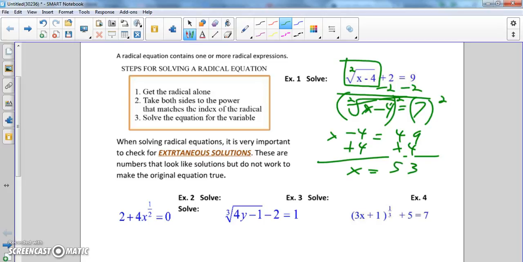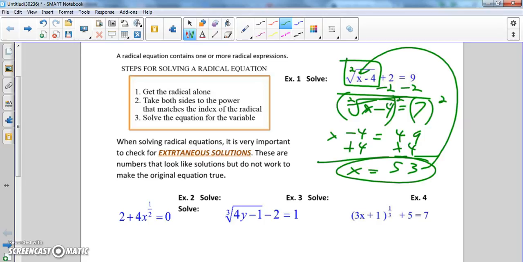Now, if I check my answer, and once again, this is a very valuable lesson because I make mistakes too, and this is how I know. Check your answer, plug 53 back in. 53 minus 4 is 49. The square root of 49 is 7, and 7 plus 2 is 9. So it does help, no matter what level you're at, to check your answers.